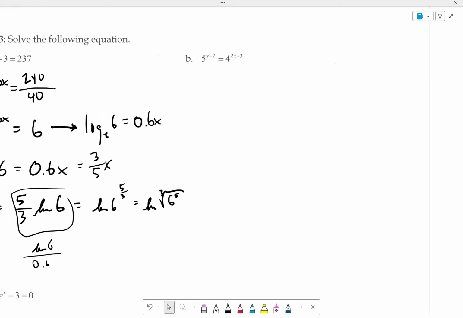It's up to you. You could do ln, you could do log. If you want to do log base 5 or log base 4, that'll work. Generally, we take the common log of both sides. Now, this one's pretty tricky. Let's see if we can get through this algebraically.